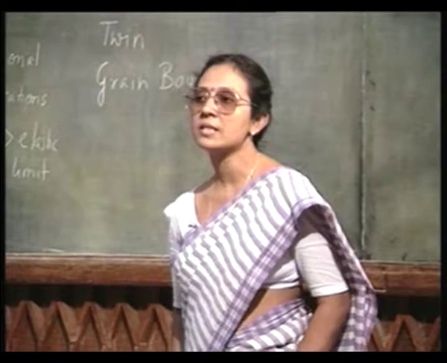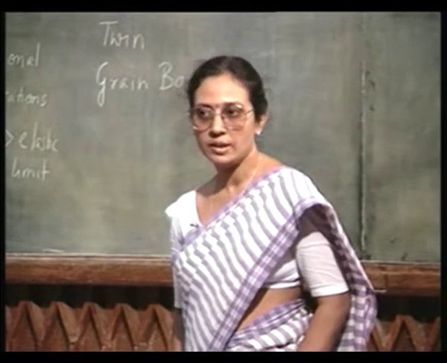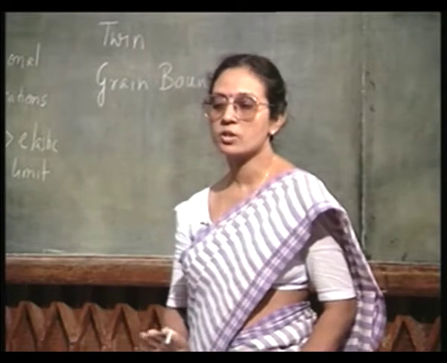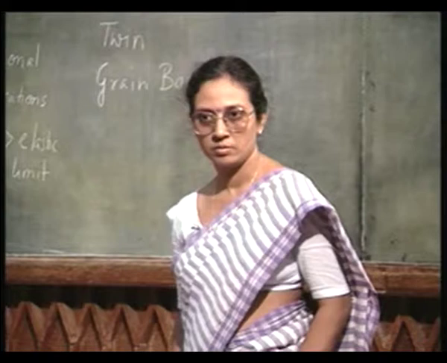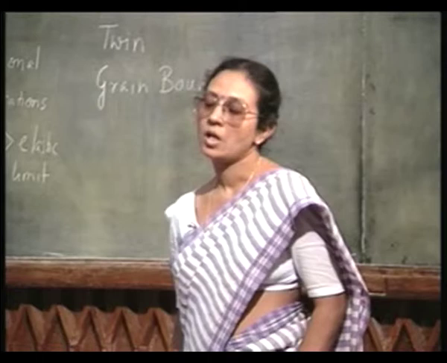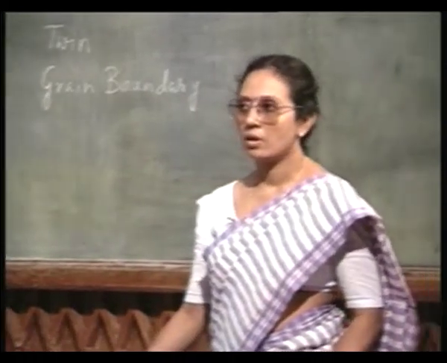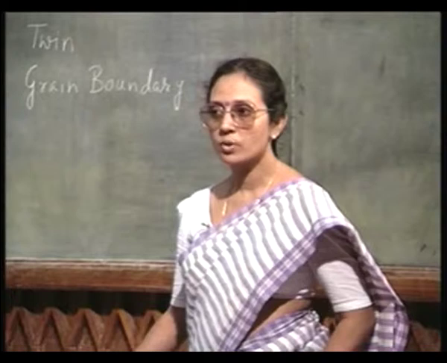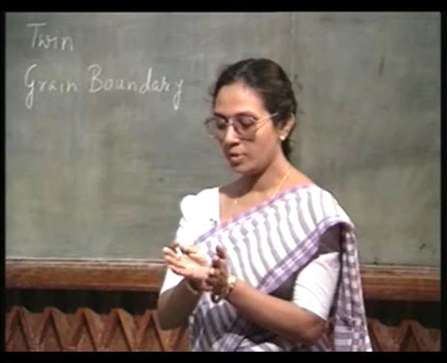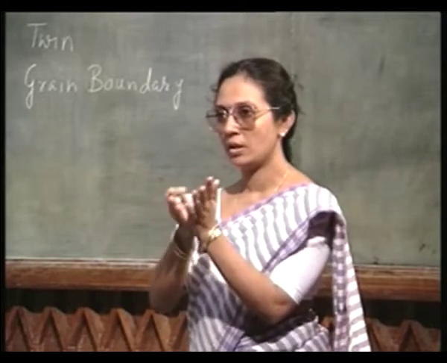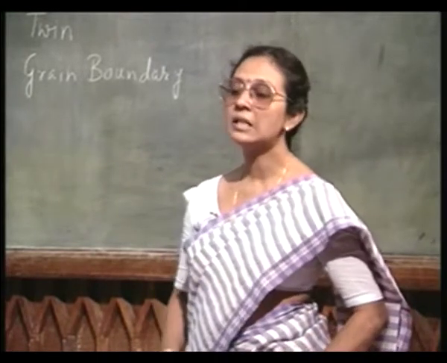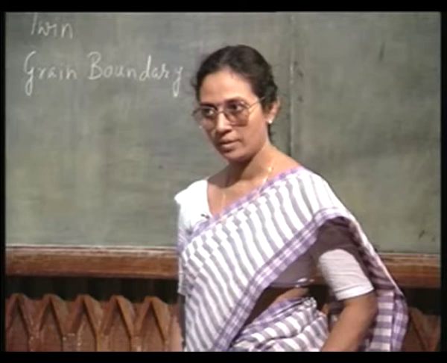You know, it means two parts of the crystal, they are in intimate contact, but they have some orientation with respect to each other. This is called a twinning. So, both the parts will have some crystalline orientation, but in between you are having a change from one crystalline orientation to another. It is not a real single crystal, that is twin.